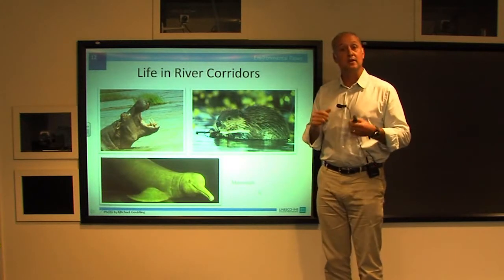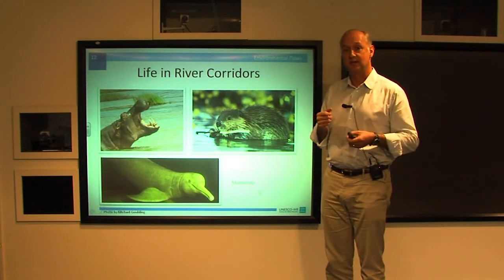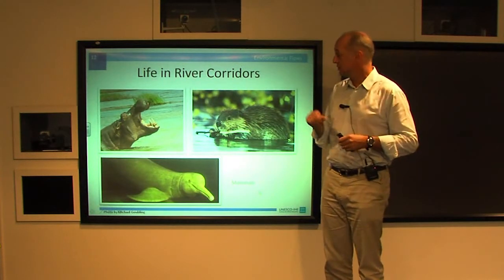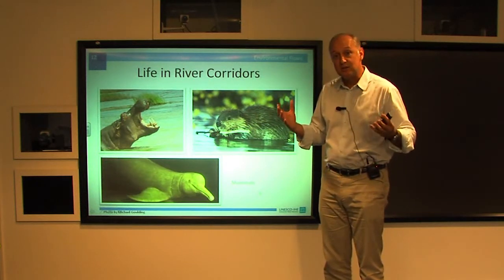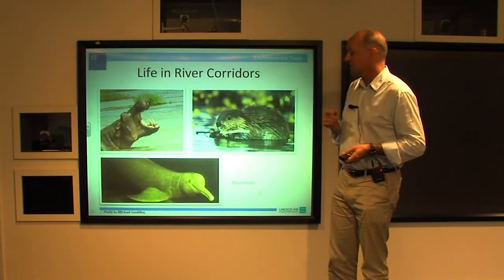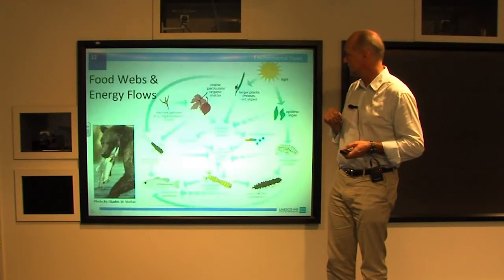They also return a lot of terrestrial organic material that they feed on during the night. They return that to the river during the day in the form of their feces. So they're also a source of energy, a source of terrestrial derived energy to river systems.